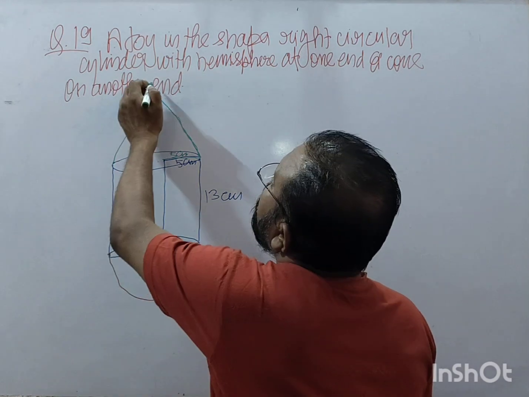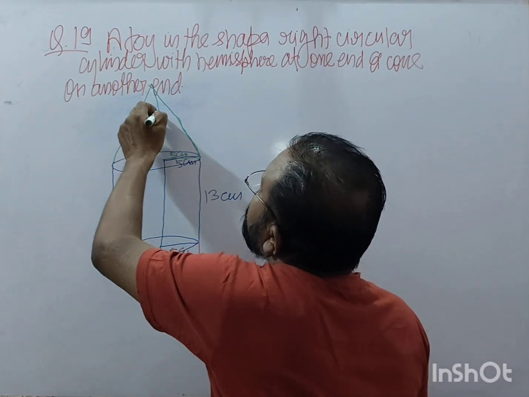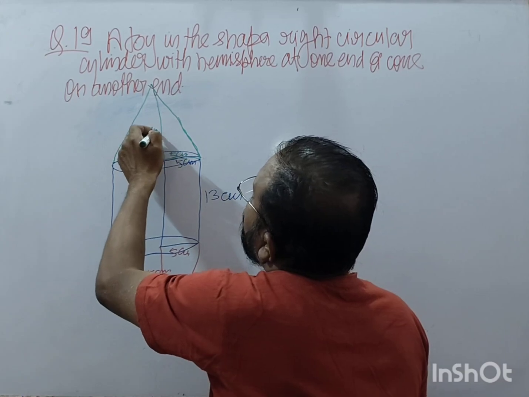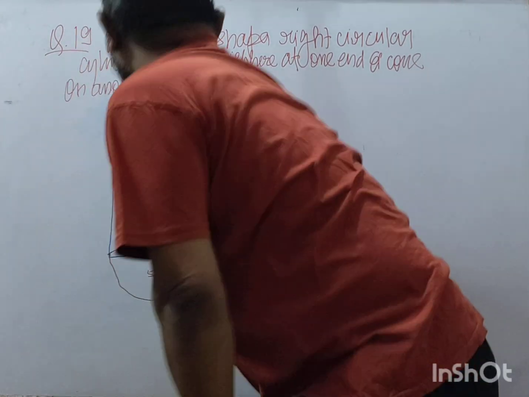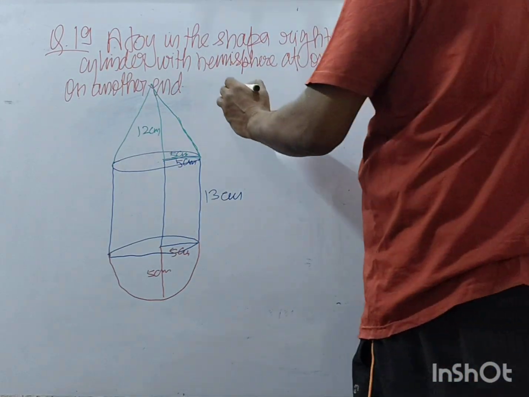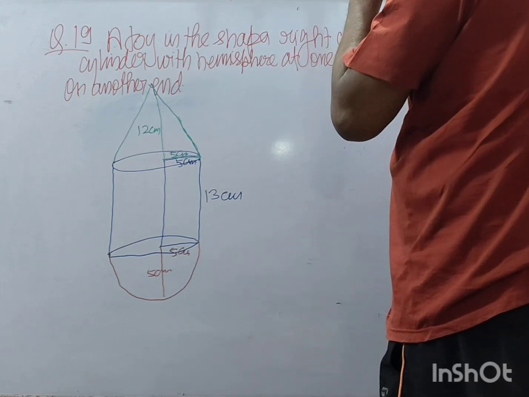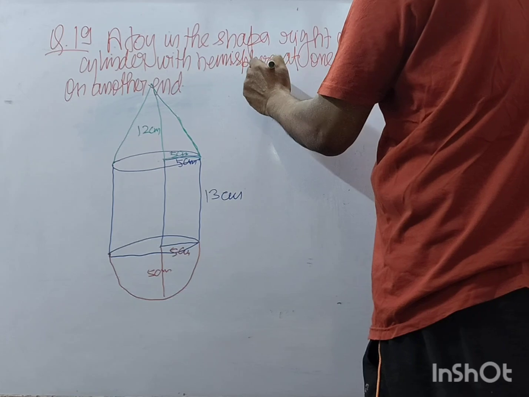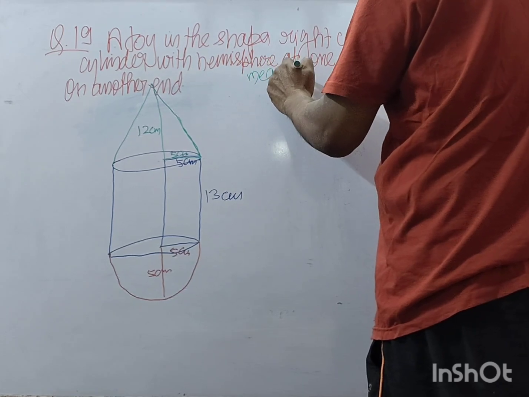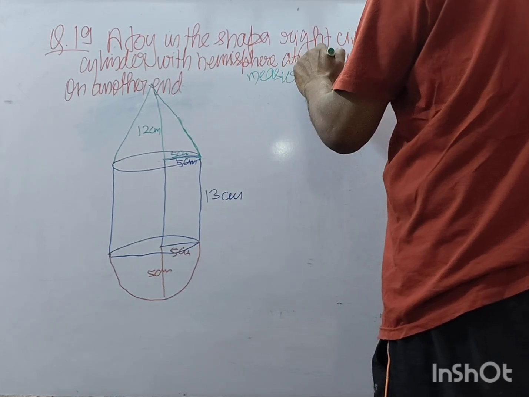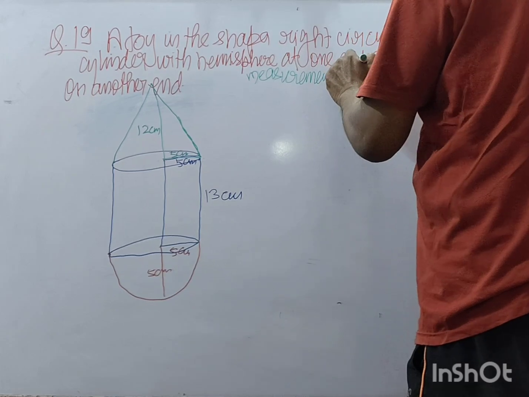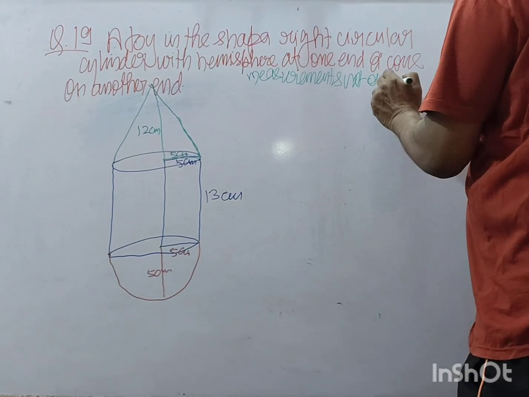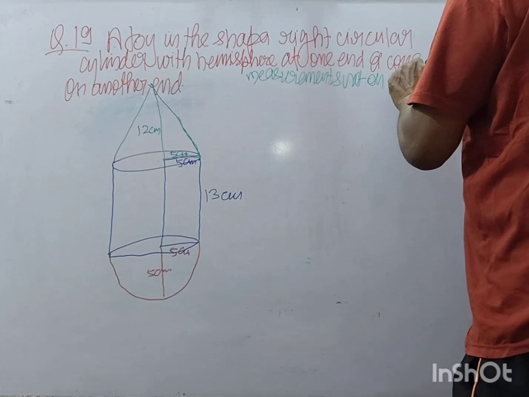The conical part is 12 centimeter. This is 12 centimeter. Okay, so the measurements are not on scale, right?